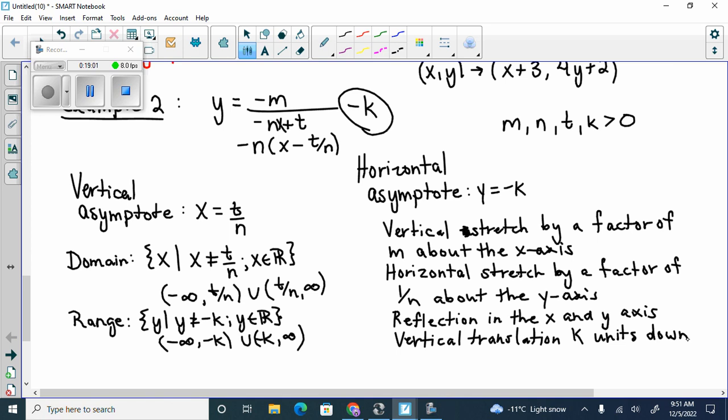And a horizontal translation. Oh my gosh, it's so slow. T over n units.